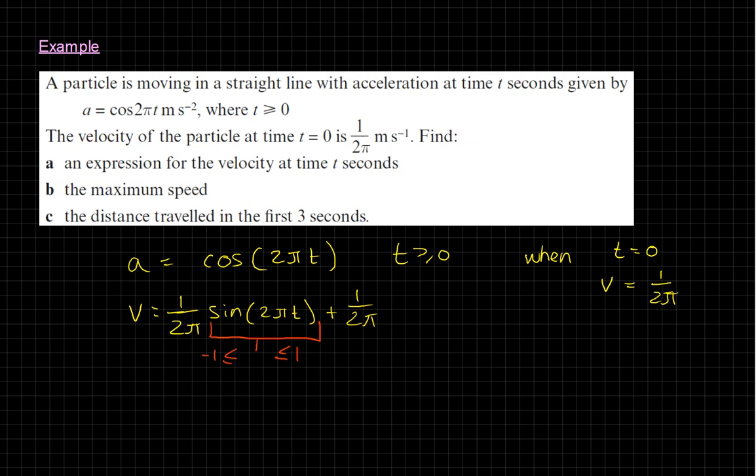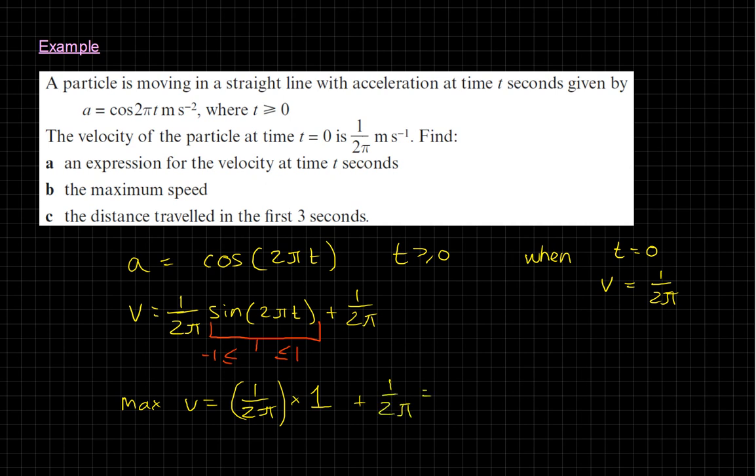Therefore, this thing, the largest value it can ever take, what's it going to be? The output, sine 2 pi t. It's the largest value in this range, right? And what's the largest value in this range? It's just 1, right? So, therefore, the maximum value for v is going to be equal to 1 over 2 pi, we can't change that, times this maximum value of 1, and then plus 1 over 2 pi, which we can't change either.